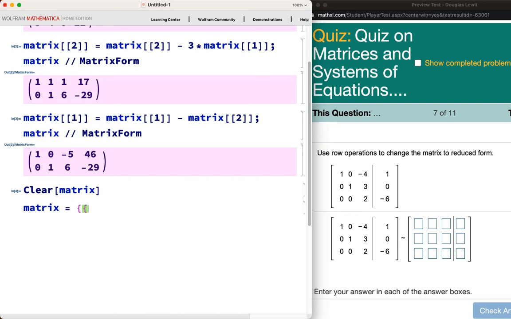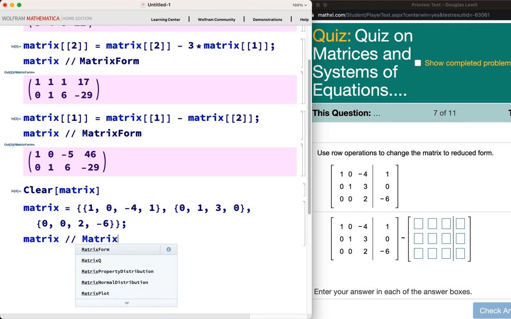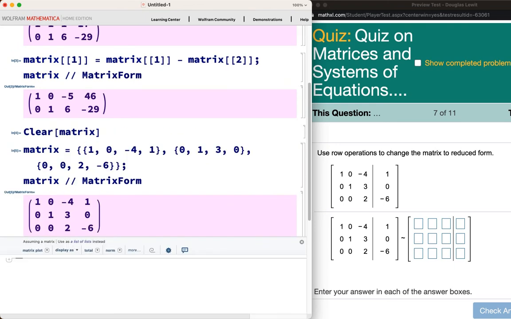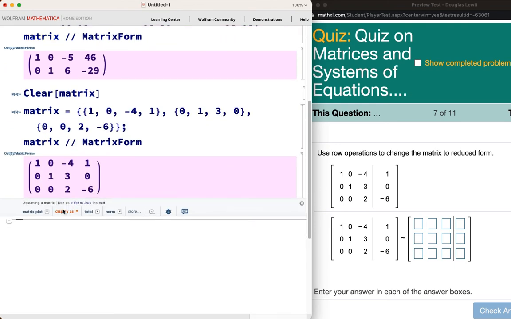So matrix is equal to 1, 0, negative 4, 1, 0, 1, 3, 0, and then 0, 0, 2, negative 6. Matrix form. Okay, so the first two columns look good. These two columns look fantastic, right?